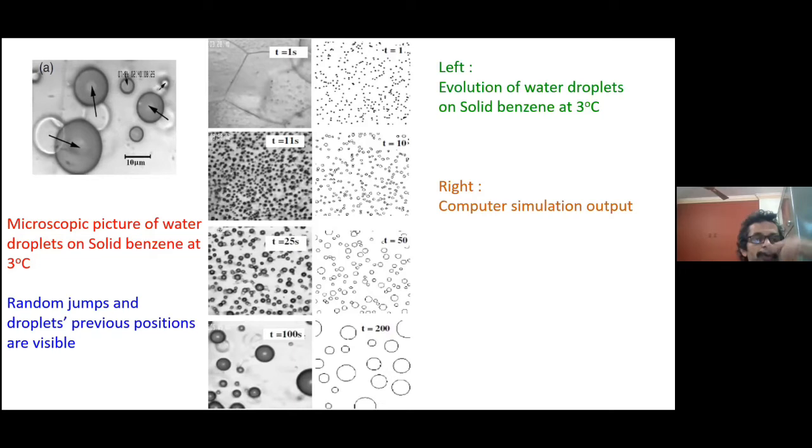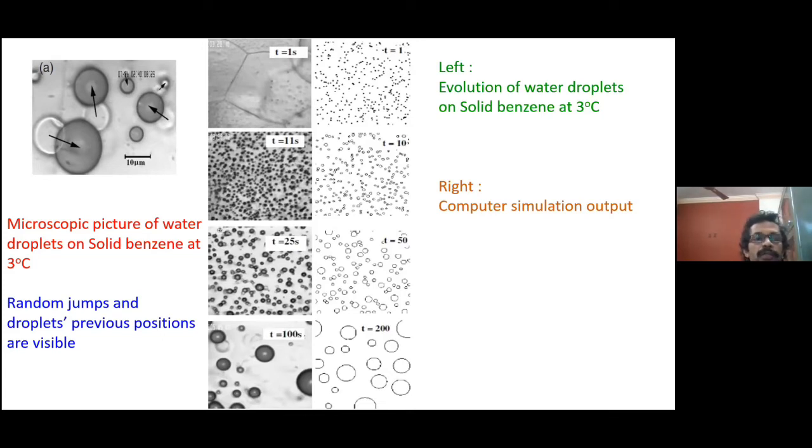Eventually those previous position imprints fade out, but they are visible for some time, say for a second or two. Then one can see some experimental pictures of the water droplet on solid benzene, which is about to melt. And then on the right hand side there are computer simulation images, so a qualitative comparison can be seen.